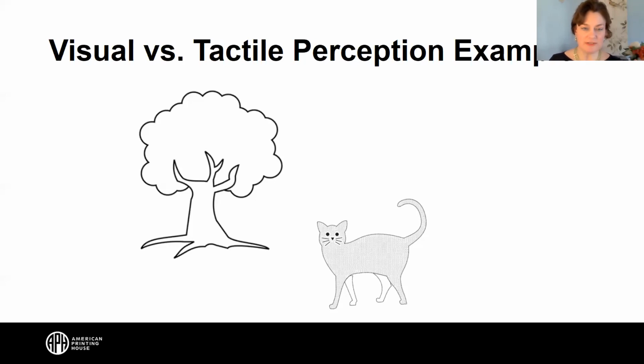And if you were to do this as a storybook page, for instance, especially for young children, you would embellish part of that tree with some type of texture that conveys the rough bark, or for a cat, the soft fur. And the labels, of course, are a must.